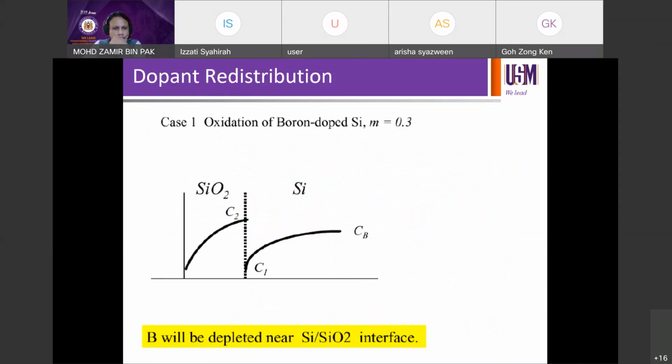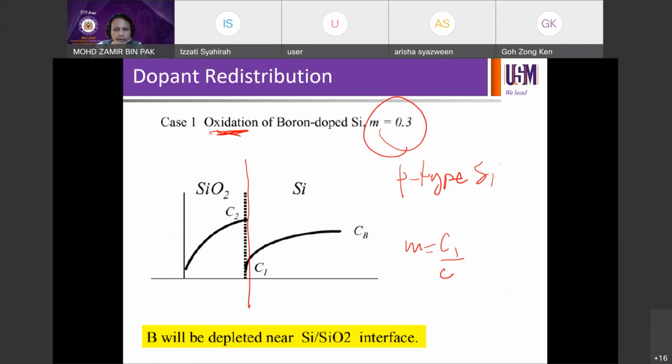So let's have a look at this. Case 1, oxidation of boron-doped silicon. So it is P-type silicon, boron doped. M is given as 0.3. So look at C1 over C2. This is the interface.